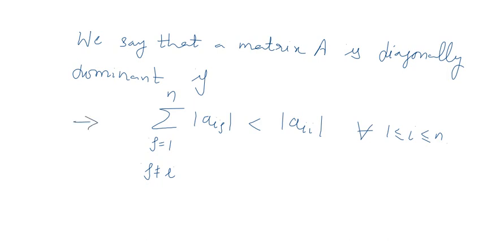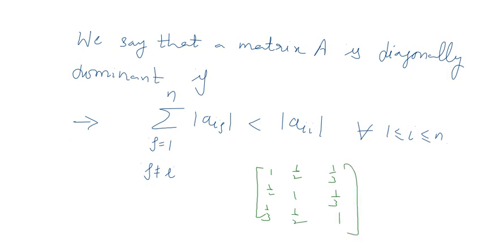Okay, so you are going to look at a particular row except the diagonal entry. So you are going to sum up the, so if I wish to give an example, the same example: 1, 1 by 2, 1 by 3; 1 by 2, 1, 1 by 3; 1 by 3, 1 by 2, 1.